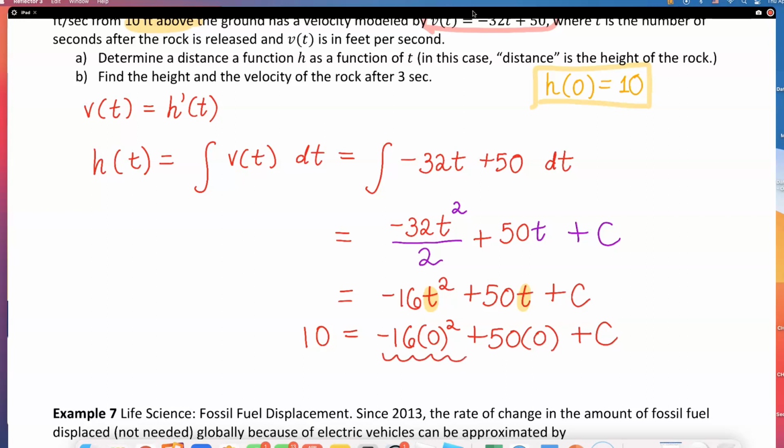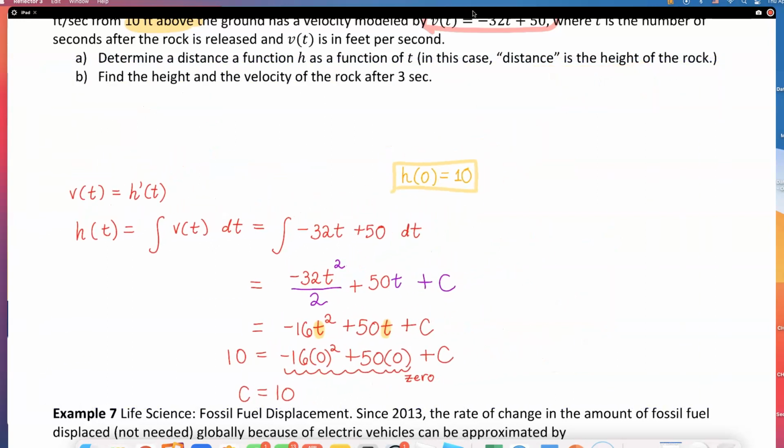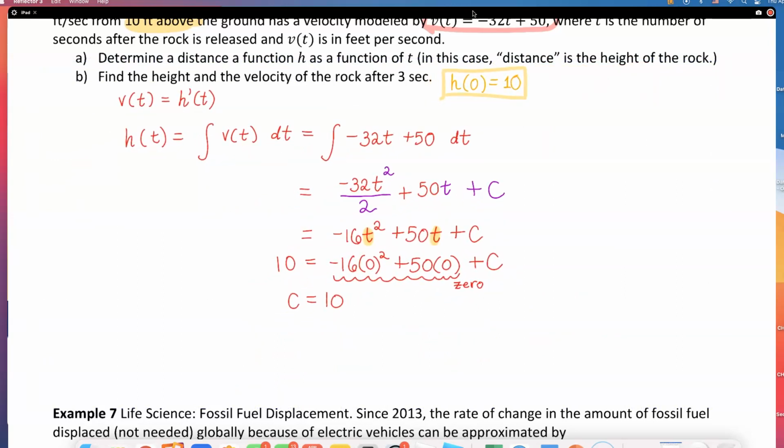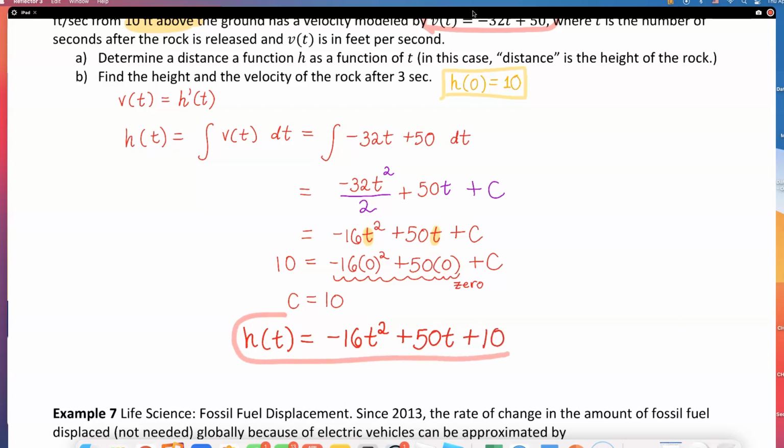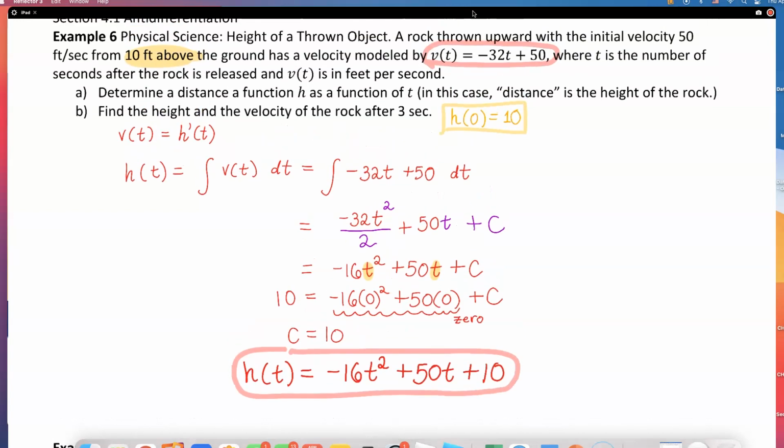All these are just 0, so that tells us c must be equal to 10. So we have the height function: h of t equals negative 16t squared plus 50t plus 10. I'm going to circle this answer. This is the answer for part A.